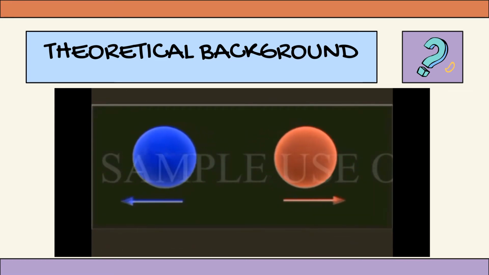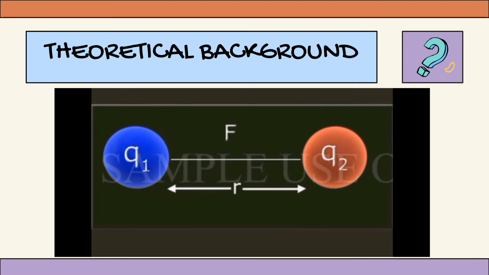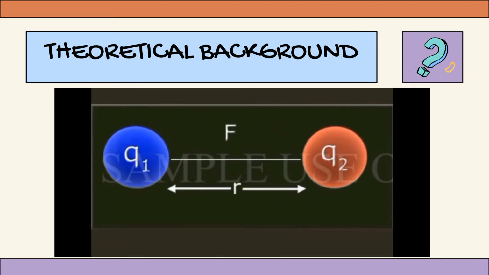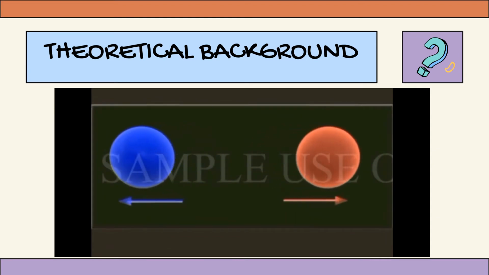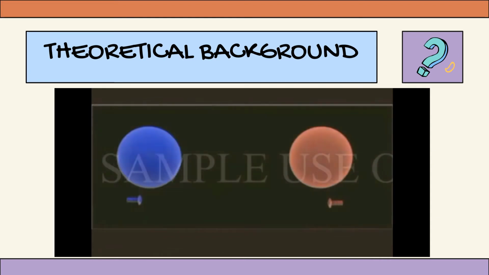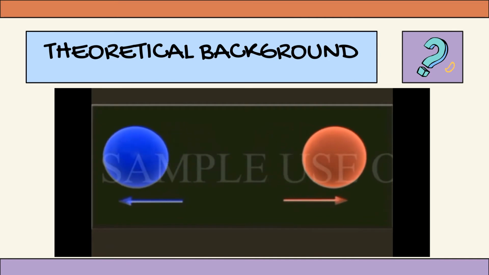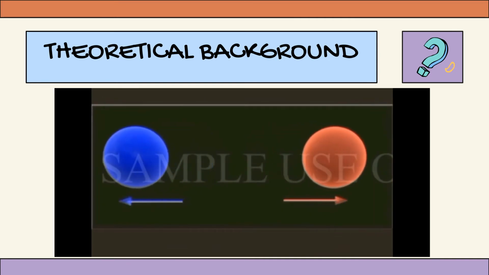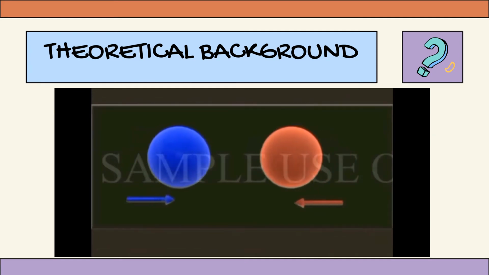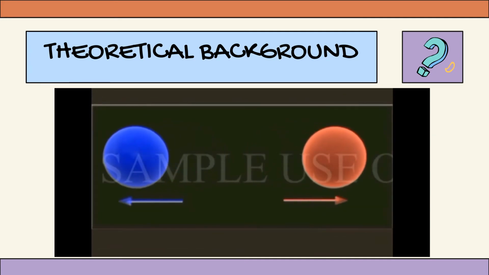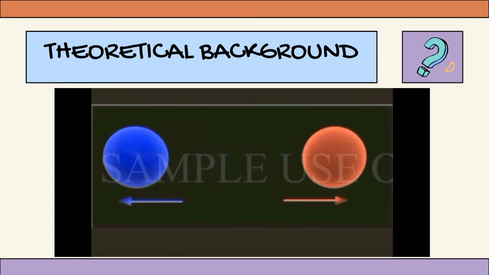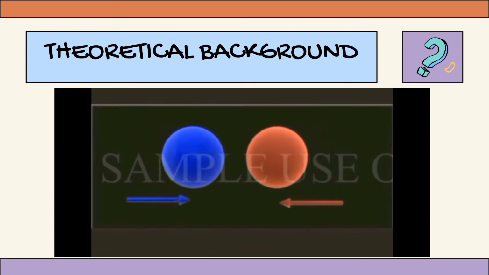Mathematically, the magnitude of this electrostatic force F acting on two charged particles Q1, Q2 is expressed as F equal to K Q1 Q2 over R square, where R is the separation distance between the charged objects and K is a constant of proportionality called the Coulomb constant, K equal to 9 times 10 to the power of 9 Newton meter square over Coulomb square.